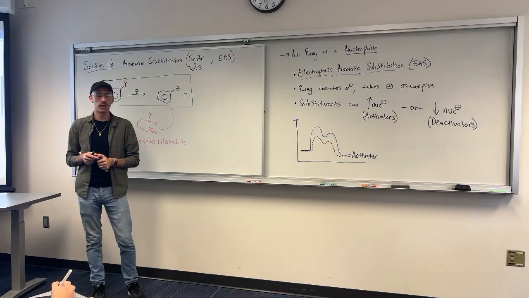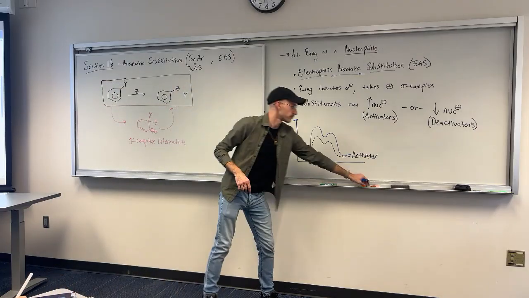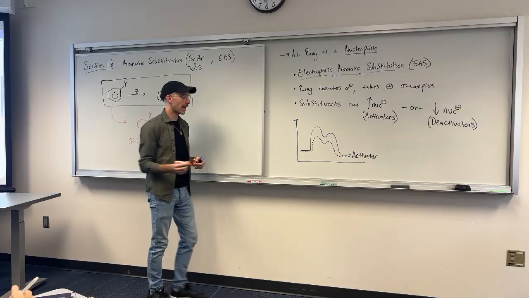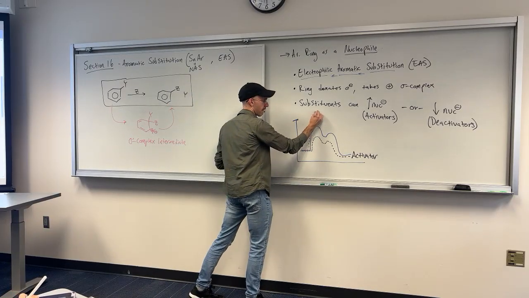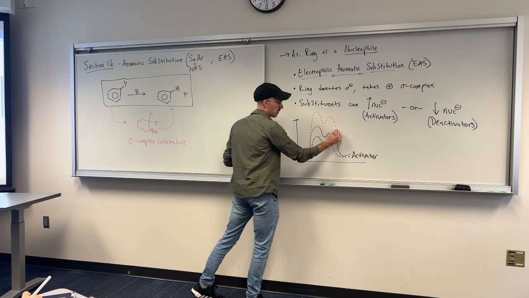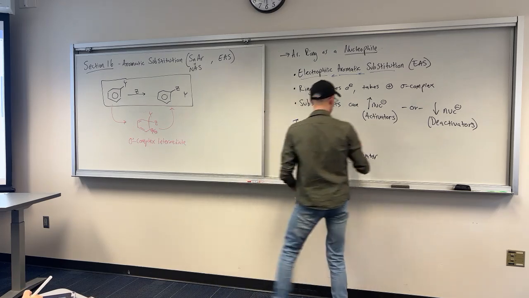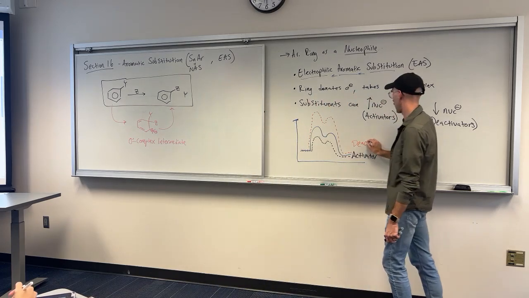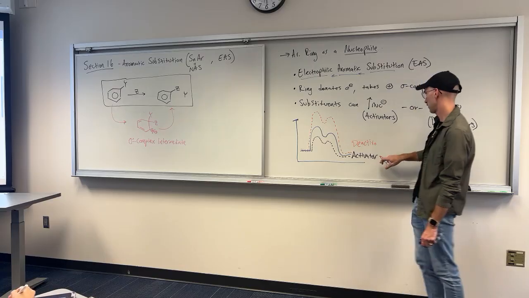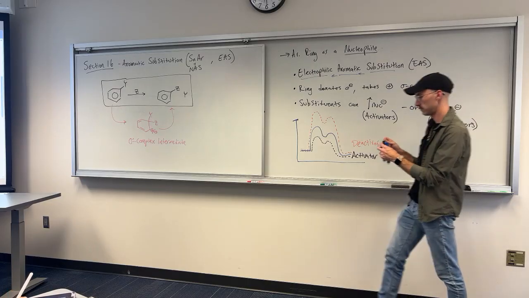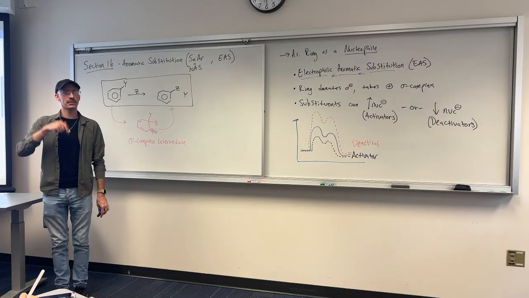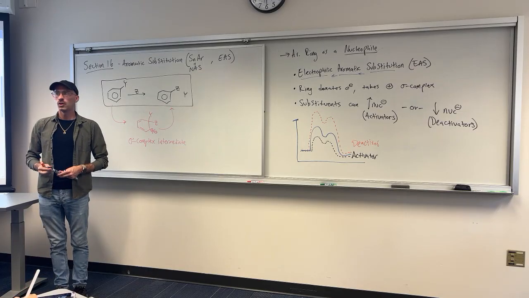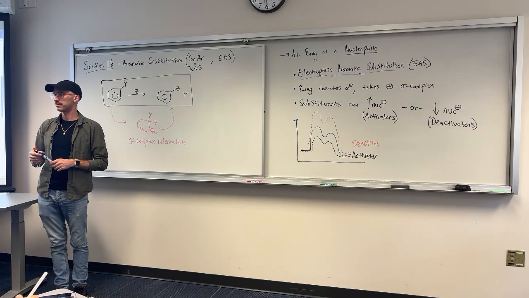We're going to learn which ones do what. If you have a deactivator, it takes more energy to run the reaction. Make sense? Do you activate the ring for being a nucleophile, or do you deactivate the ring?